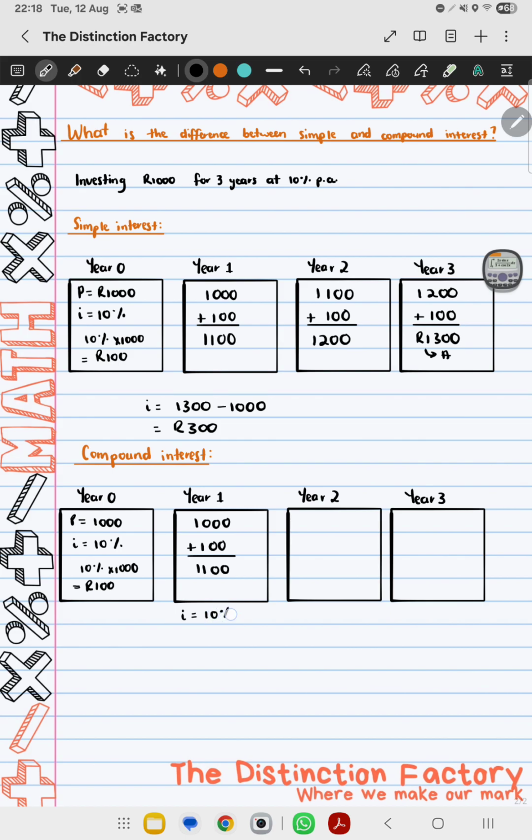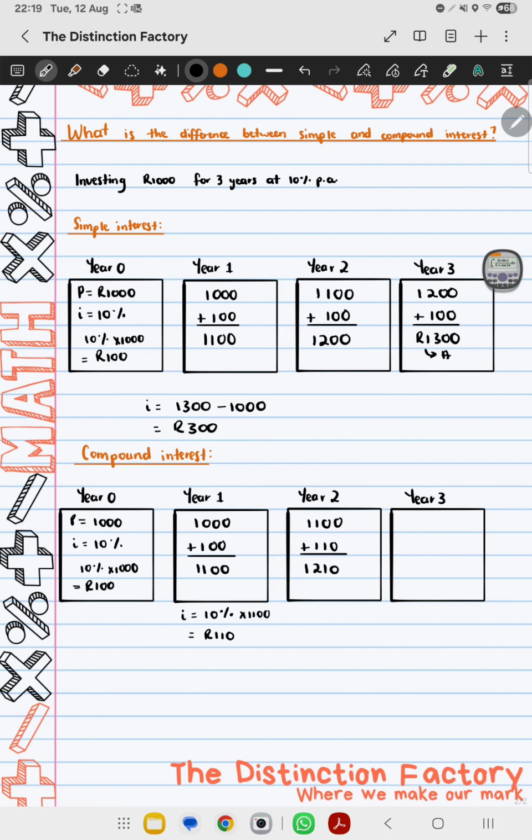It's now going to be 10% of what's currently in the account, which is 1,100 Rand. And that gives us a cash value of 110 Rand. So from there, we're going to take what's currently in our account and add the interest that we are collecting. This then gives us 1,210 Rand.